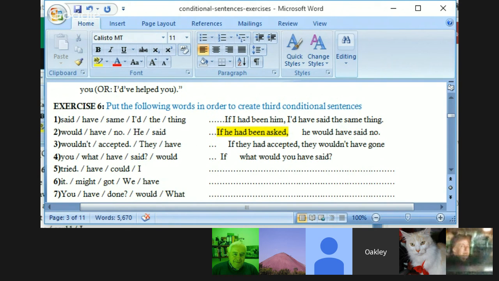If I had won the lottery, what would you have said? Okay, that's interesting. I didn't even think of that. If I had won the lottery, what would you have said? Okay, that's possible. Very good. Excellent. Very good job, Ken.